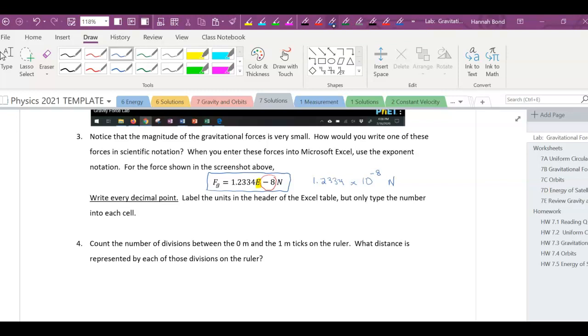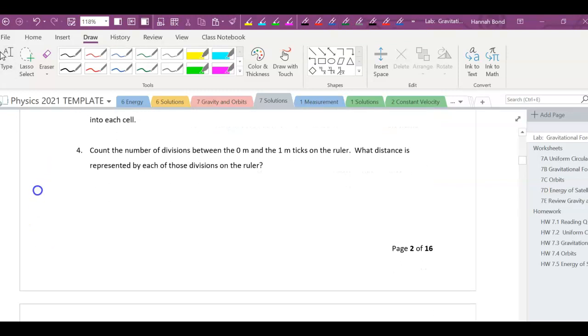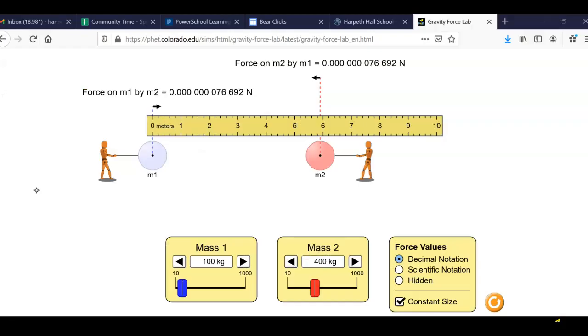Okay, but there are a few things we want to just observe about this simulation tool before we start doing our experiment. So first of all, how are we going to read the distances between the centers of the masses? Let's look at that ruler more carefully, count the divisions between, for example, 0 and 1, and understand how much distance is represented by each of those divisions.